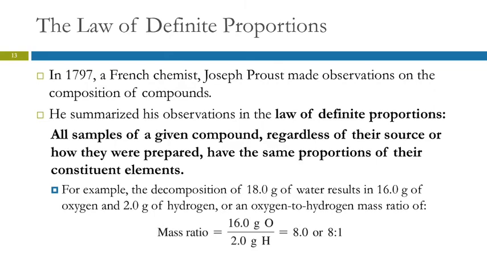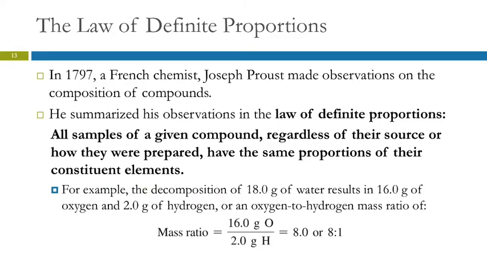Law of definite proportions. French chemist Proust in 1797 made some observations. He summarized his observations in what's known as the law of definite proportions. All samples of a given compound, regardless of their source or how they were prepared, have the same proportions of their constituent elements.